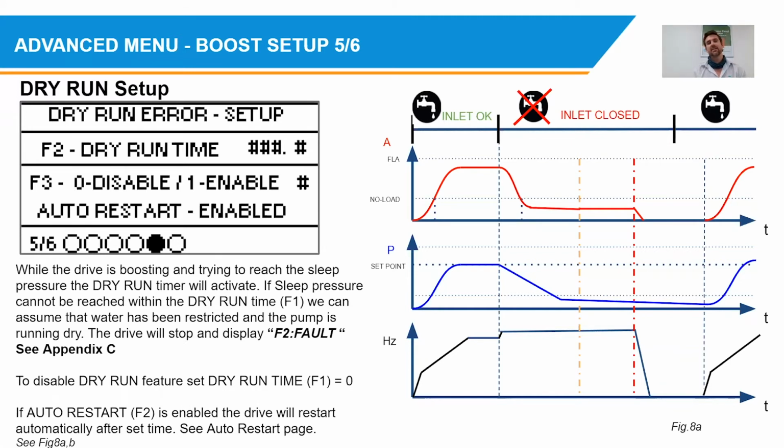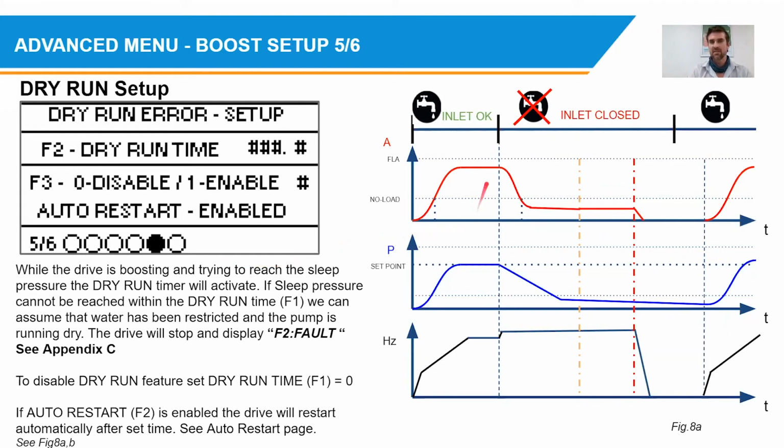So we would give it a dry run time of, say, 10 seconds. And this means it's got 10 seconds to hit that pressure before a dry run would kick out. As you could note in the simulation, it's a matter of 1 or 2 seconds at most.